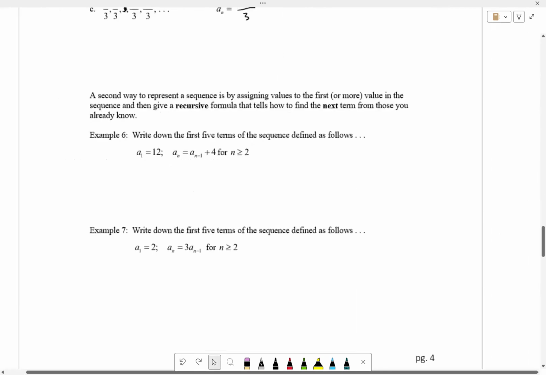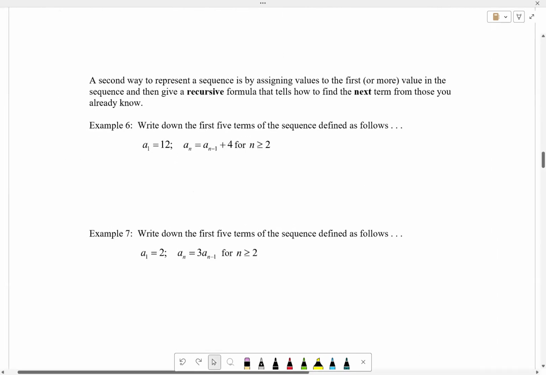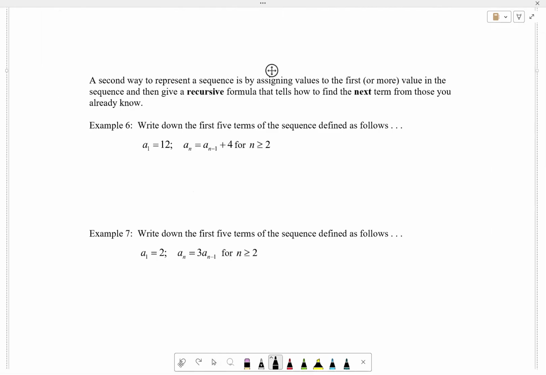Okay, here we go. Write down the first 5 terms of the sequence defined as the following. So a sub n, we're going to say for any term. What does a sub n minus 1 represent? The one before.